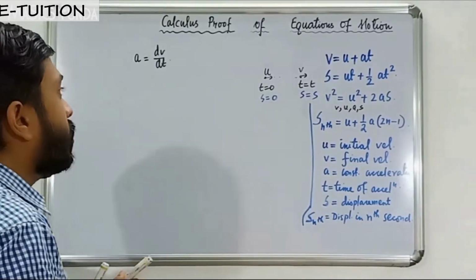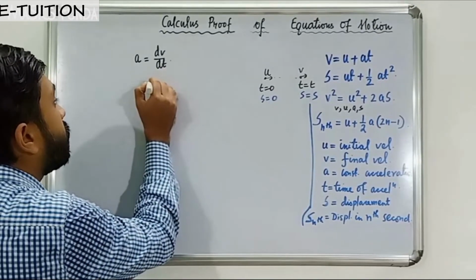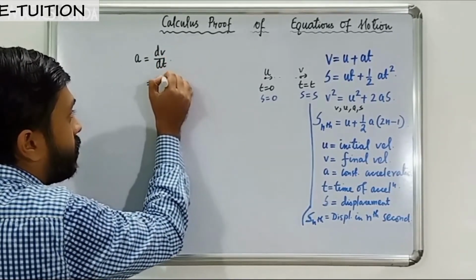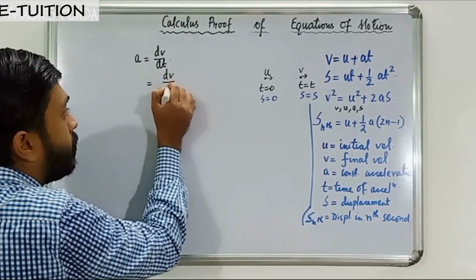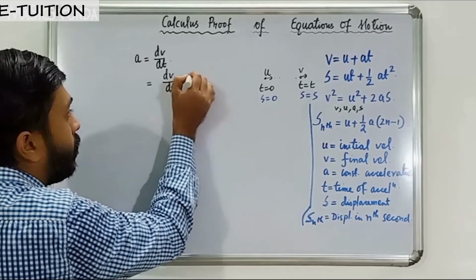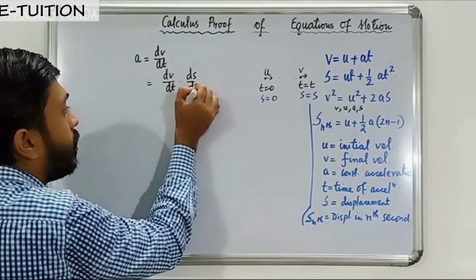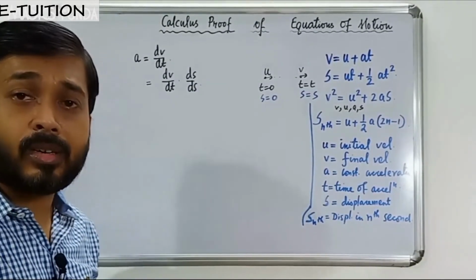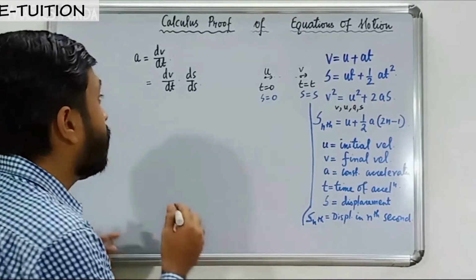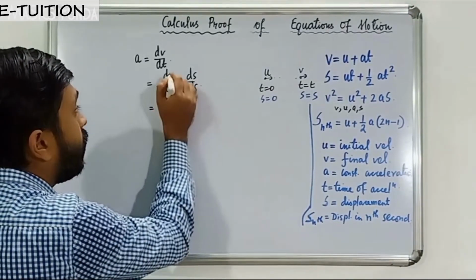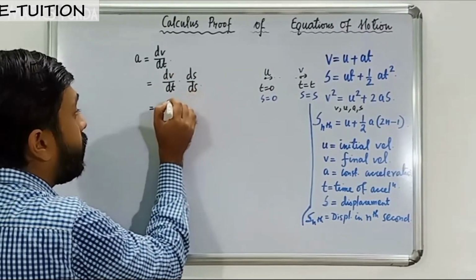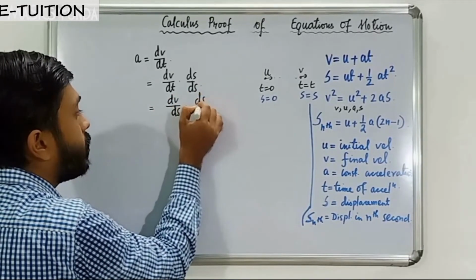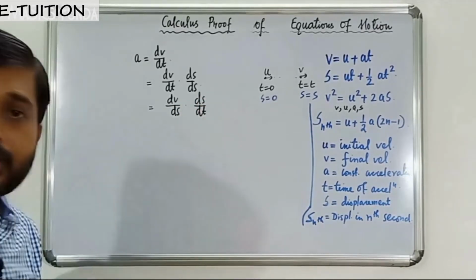How to do that? Here all we can do is multiply both the numerator and denominator by ds. See and tell me if I can do that or not. ds by ds, definitely we can do, because multiplying the upper and lower side with the same thing leaves the thing unchanged. Now dv by ds into ds by dt. Is it alright, children?